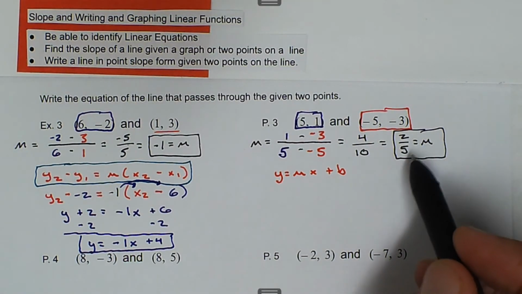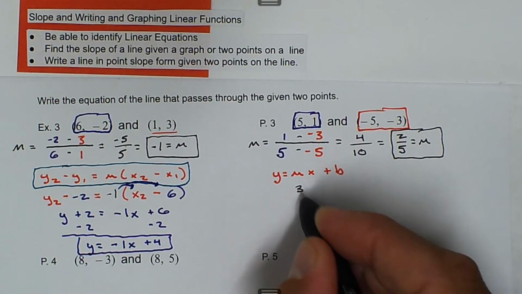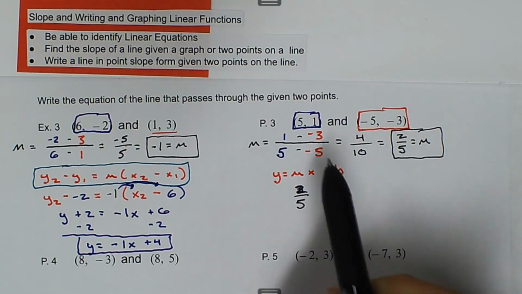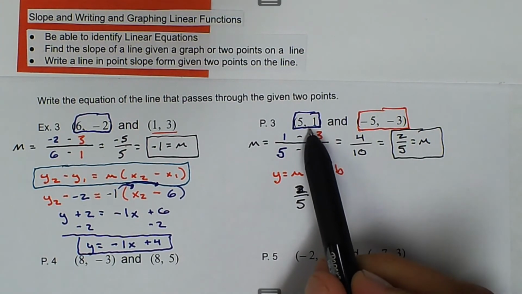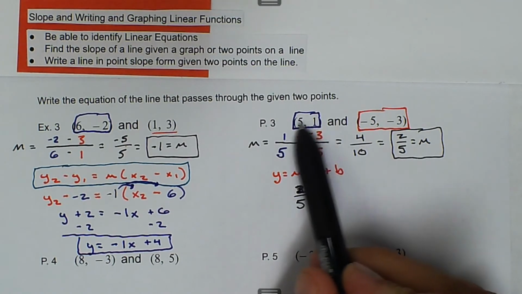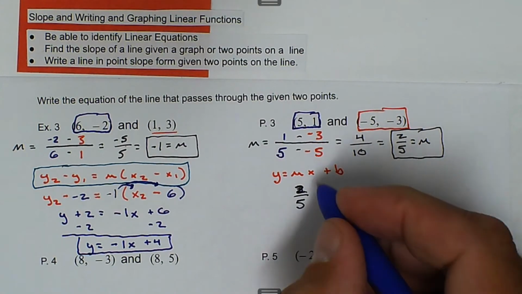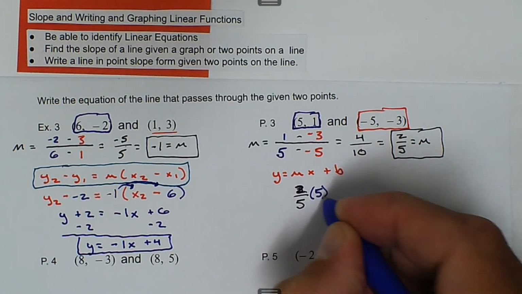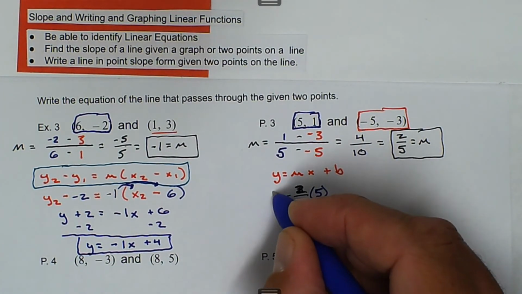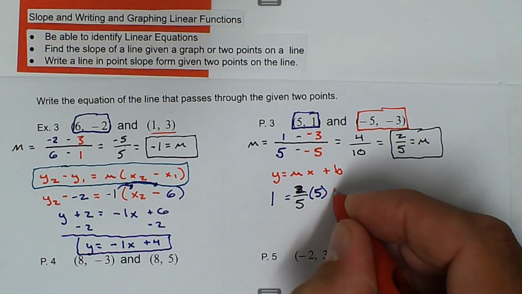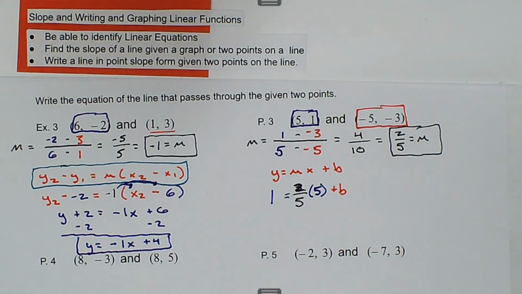So I'm going to substitute 2/5 in for m. And then for the x and y values, I'm going to substitute in the point 5 and 1, so x is 5 and y is 1. And then we'll be able to solve for b.